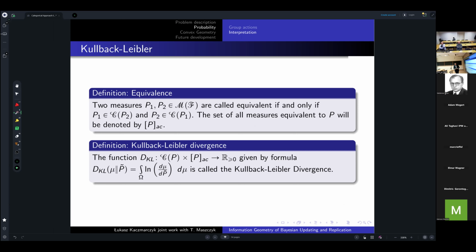And at the very end, we can now define the so-called Kullback-Leibler divergence, which takes two arguments. One needs to be absolutely continuous with respect to the other, which is what we call the reference measure, and it takes non-negative values.